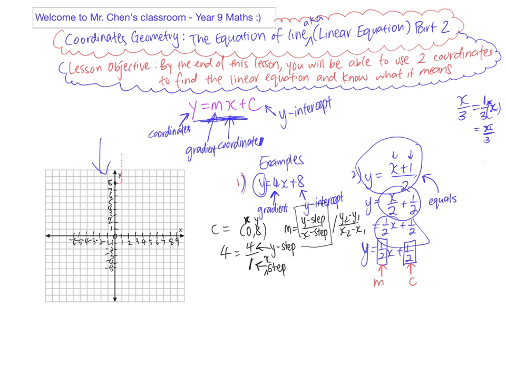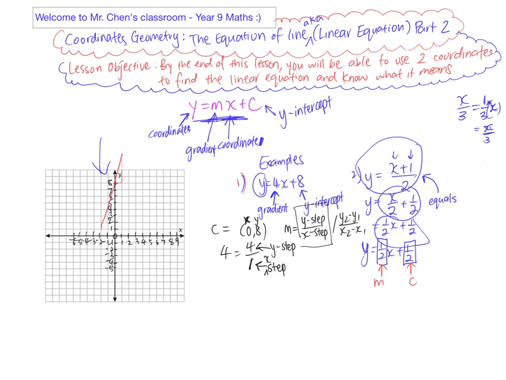So now you can actually draw a line up, and then what you can do next is extend the line as far as you can. From there you need a ruler to extend it as long as you want. There you go. That is how you plot a linear equation line on a Cartesian plane.